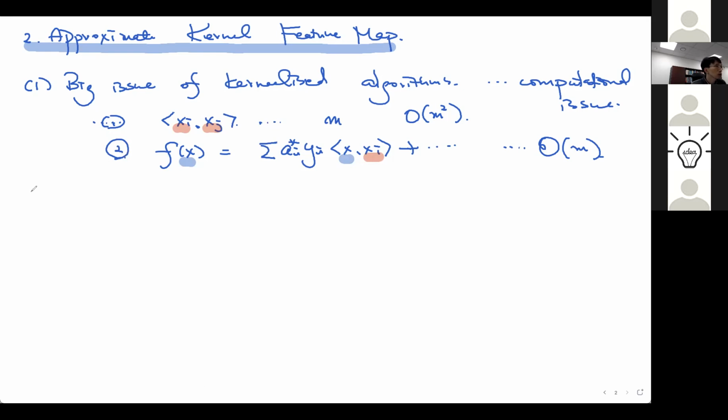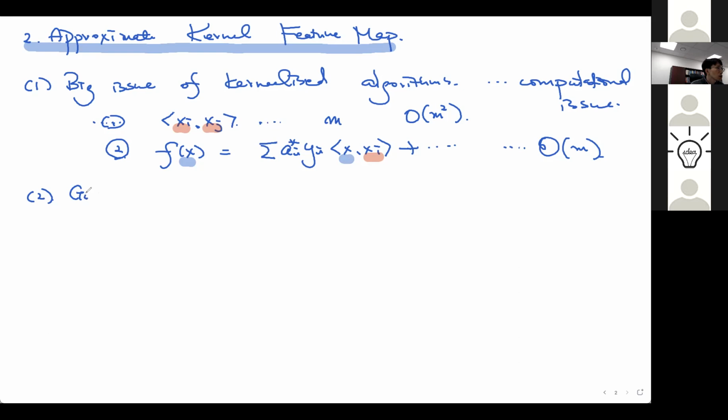So what we want to do is enjoy many benefits of the kernel, because for instance, the RBF kernel is essentially considering all the polynomial features of the inputs and so on. At the same time, we want to reduce the computational complexity. Okay, so then one approach.